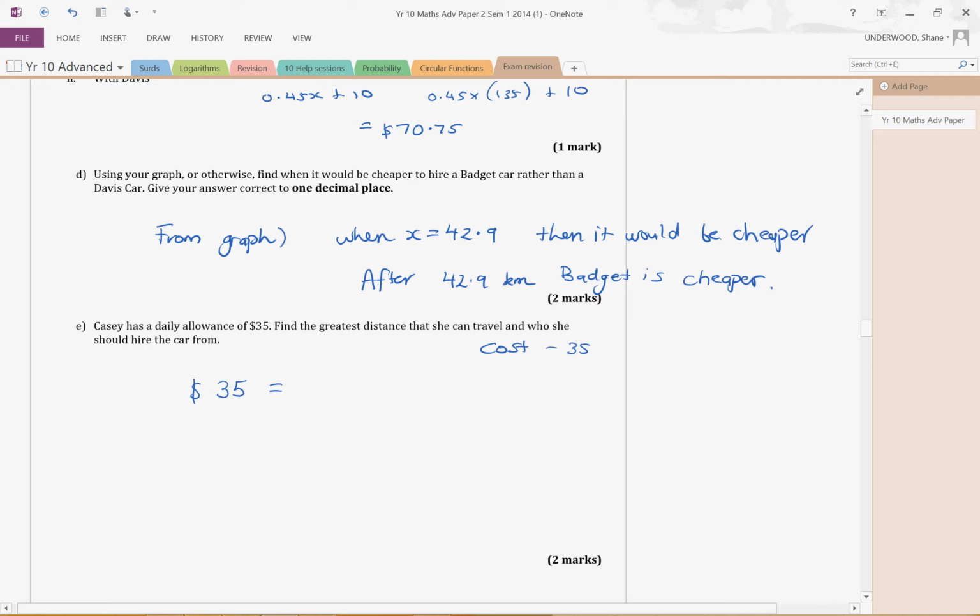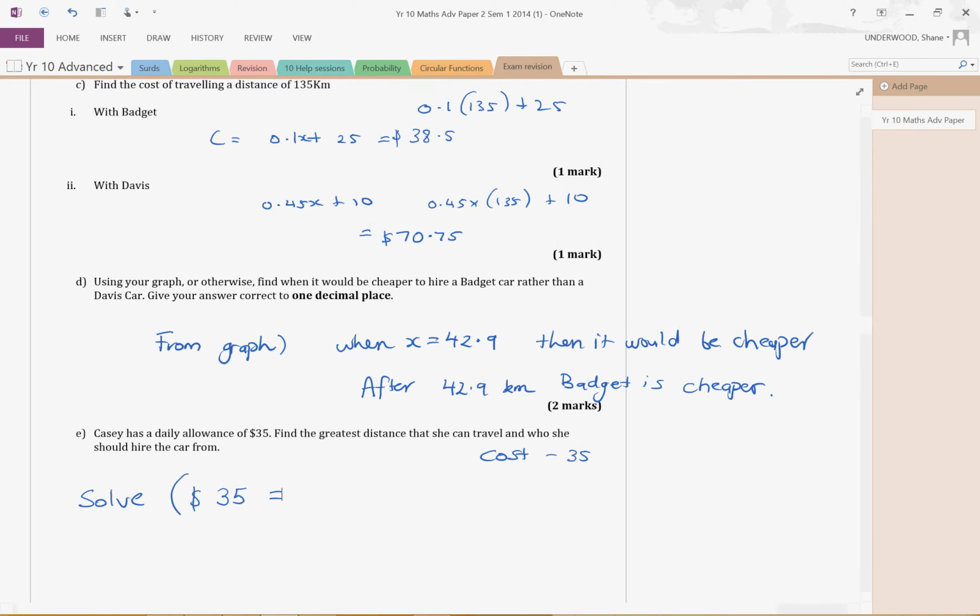I'm going to get you to solve, in your calculator, 35 is equal to 0.1x plus 25, comma x, and solve. You don't even have to do any working here. 35 is equal to 0.45x plus 10, comma x.